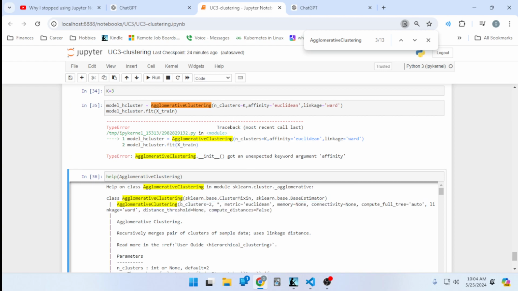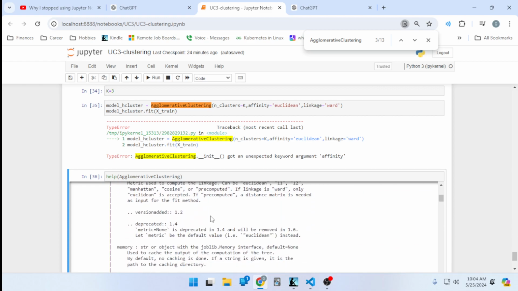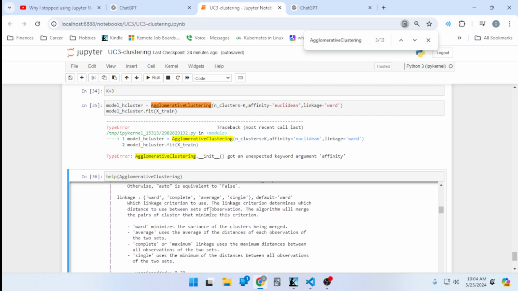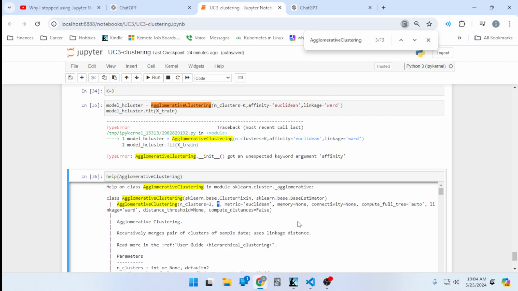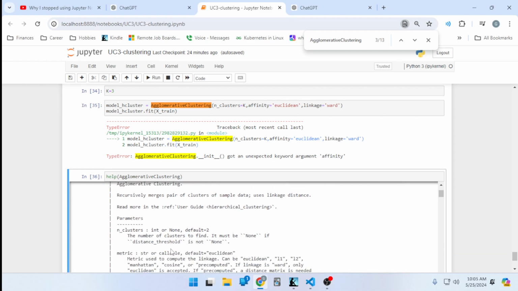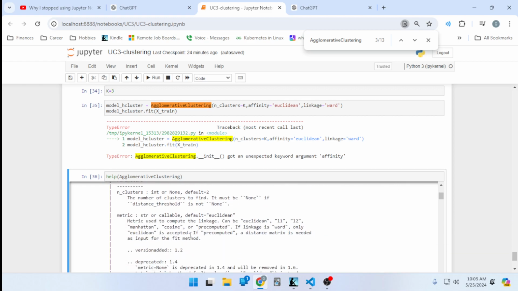Yeah, so n_clusters equals 2. We're going to change that to k. K is defined as 3. So the next one we've got is a keyword argument there. I think that's what that means, but it's unexpected for some reason, which is interesting because I thought that's what that meant.